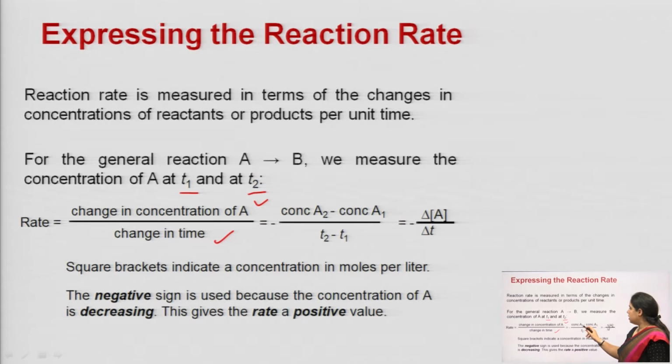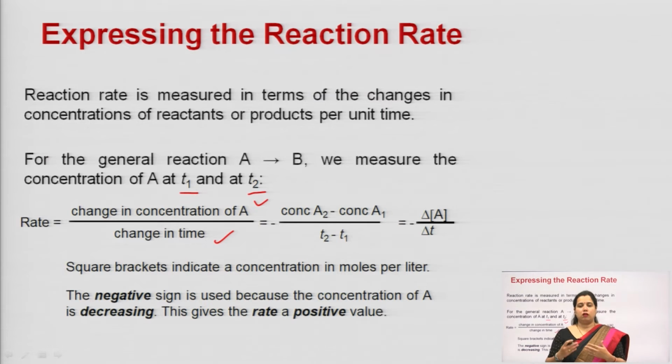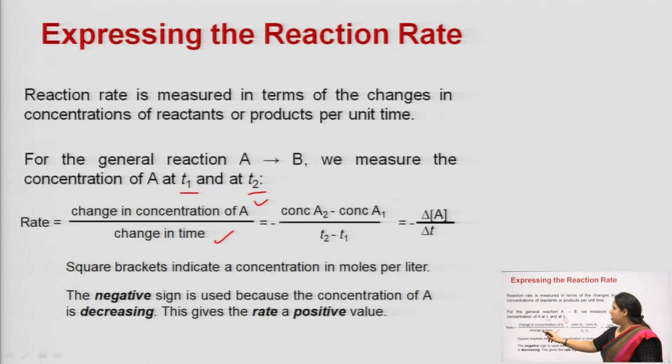So, concentration A2 minus A1, because the components of the reaction will gradually change to the finished product. So, we need to take concentrations at different times. That is why we are using this formula: change in concentration of A over change in time, concentration A2 minus concentration A1, and the time T2 minus T1 will give the overall concentration change divided by time.